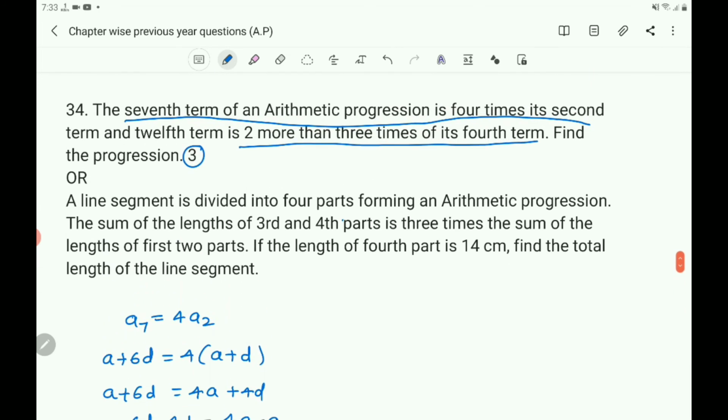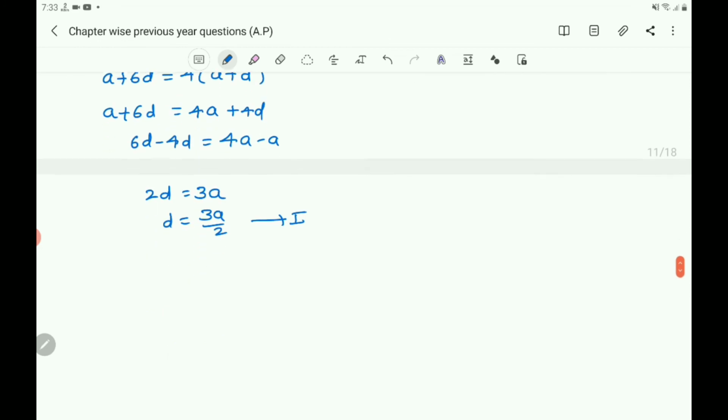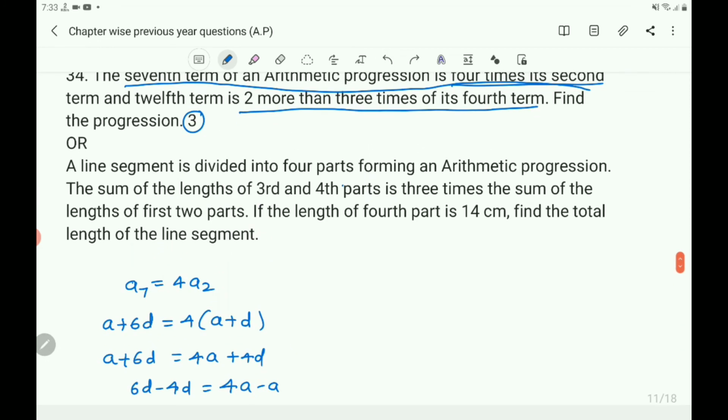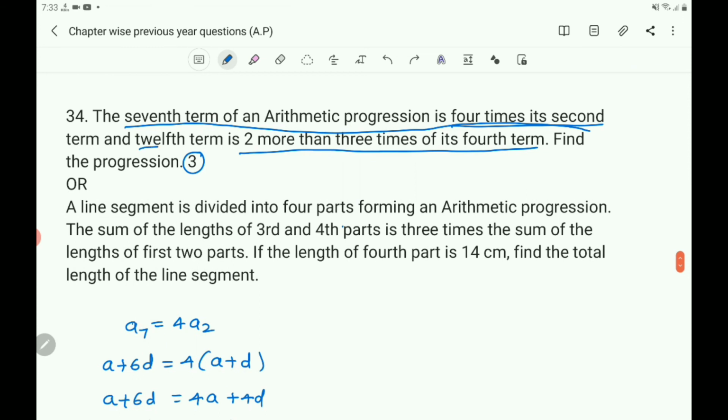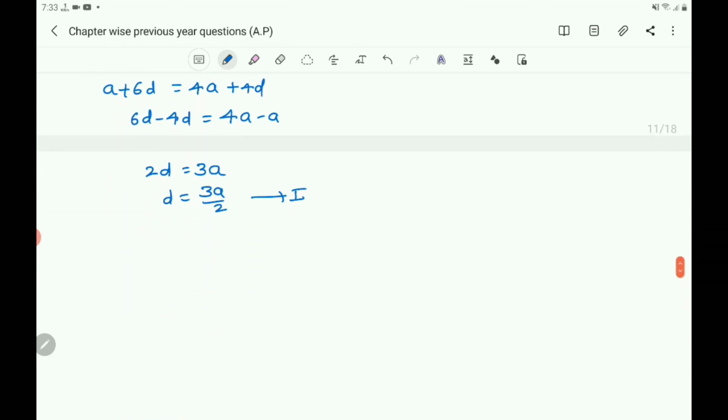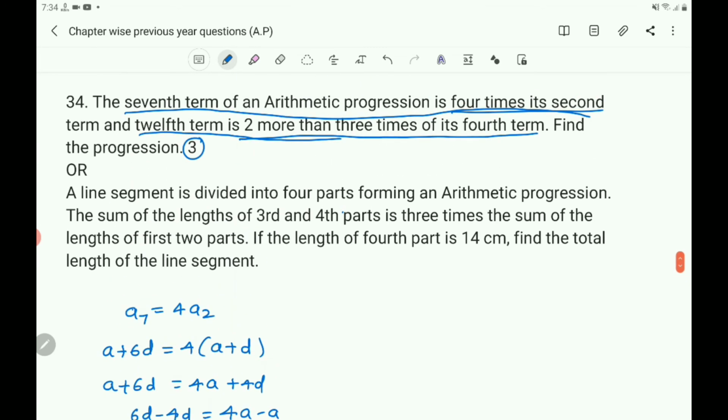Here it is given that the 7th term is 4 times its second term, and by using that you got this relation. Now the next condition: the 12th term is 2 more than 3 times its 4th term.